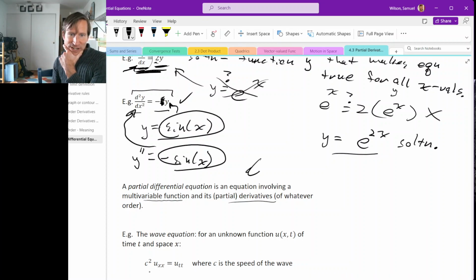The wave equation, it's for historical reasons, right? The traditional letter to use for the unknown function in the wave equation is u instead of f, so u of x, t.